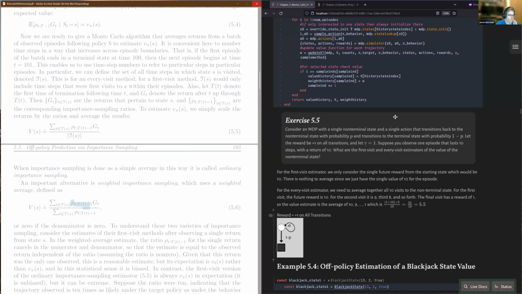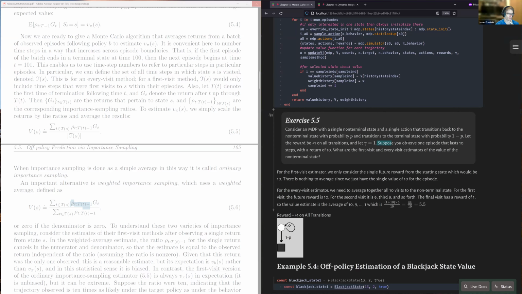It's an MDP with a single action, and there is some probability P of transitioning back into the same state. And then there's a probability of 1 minus P of hitting the terminal state. There's a reward of +1 on every transition.